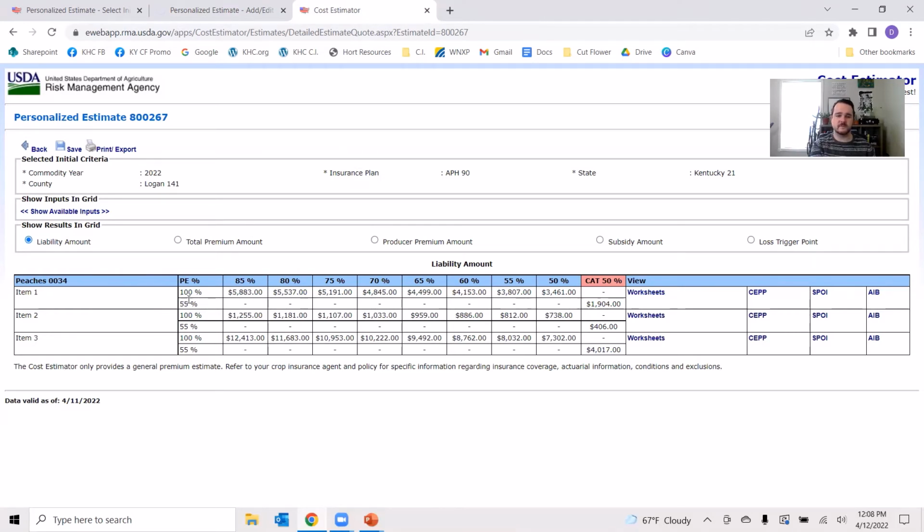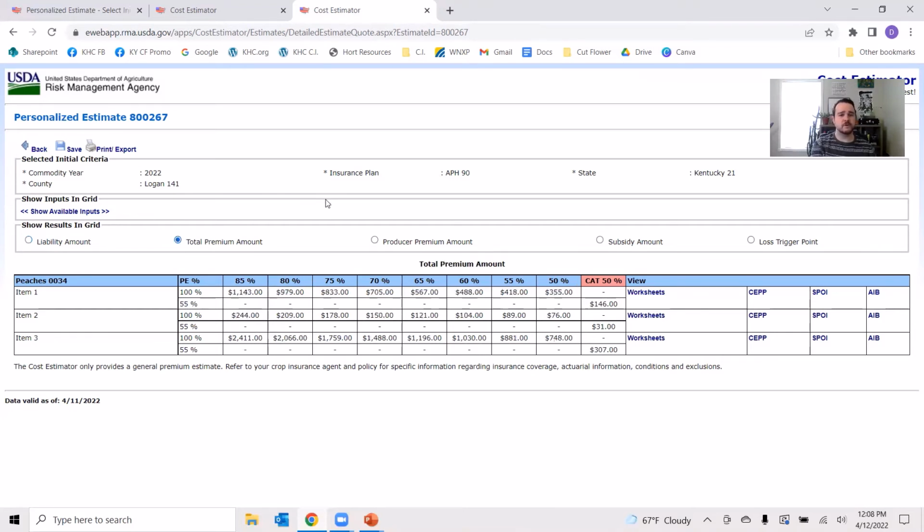So for item 1, this is our fictional farm we're talking about. 85% liability is for the $5,883, which is 85% of what our total yield price would be. And you can see the comparison between the different ones. So number 1 was our conventional fresh, 2 was conventional process, and then 3 was organic fresh.